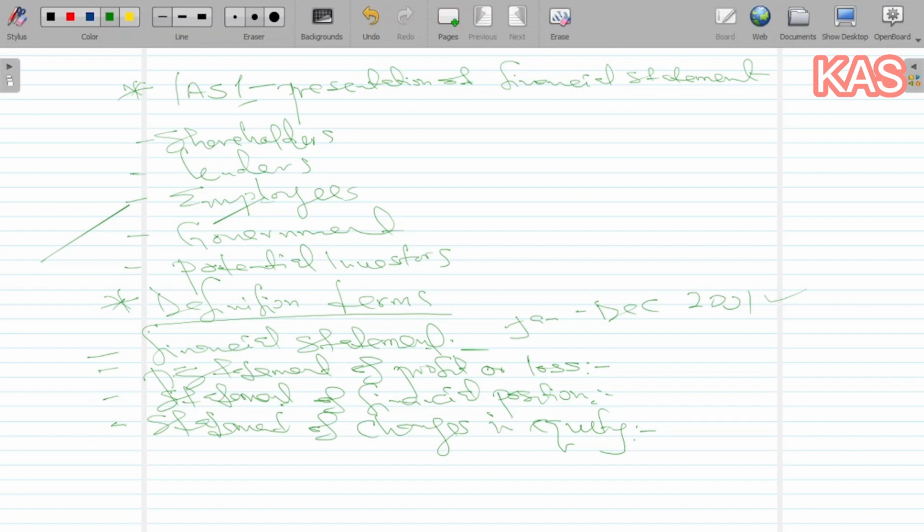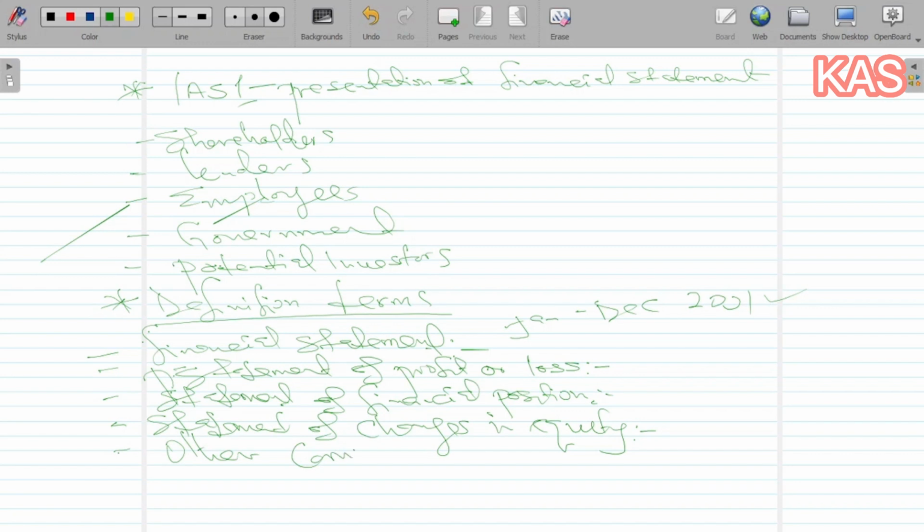Equity is capital contributed by the shareholders, whatever they put into that business, and if there are any changes within that period, this is the statement that will show those changes. So maybe they invested, let's say, 3 million naira from January. Within that period, January to December, what happened to their capital? What is the movement? Has the capital increased or decreased, or is it still 3 million naira? This statement is the one that will show that. Then the next one is other comprehensive income.